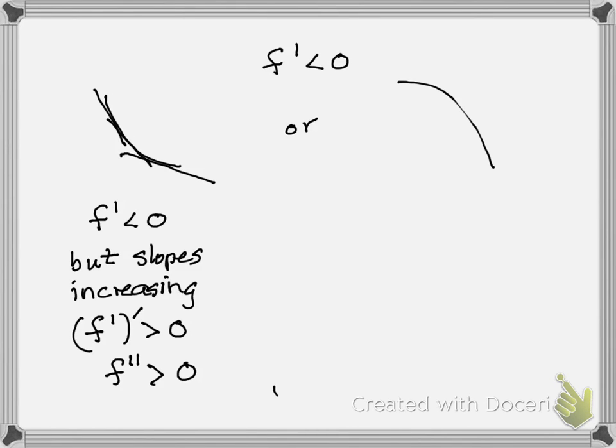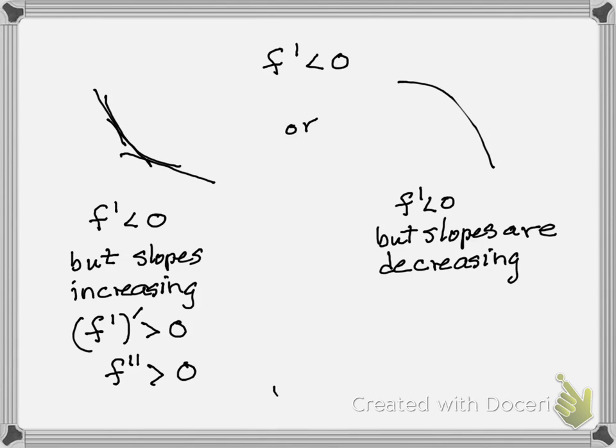In the case on the right, f prime is less than 0, but the slopes are decreasing. So we can see here they're negative numbers, but they're getting steeper.